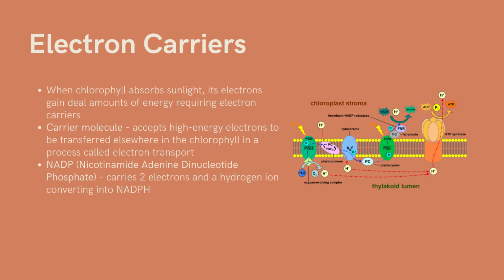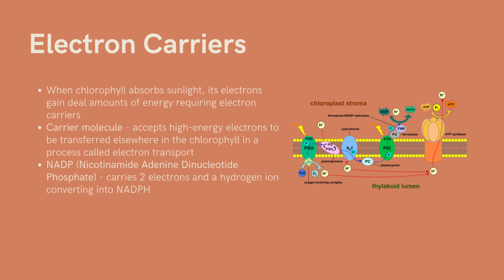The chain of carrier molecules in a membrane is called the electron transport chain. They transport electrons elsewhere in the chlorophyll for future processes.